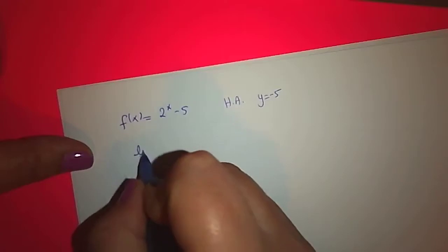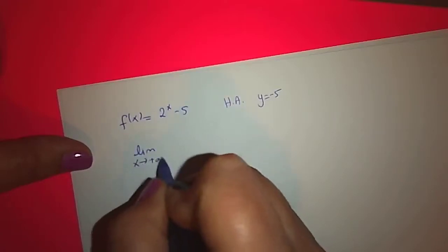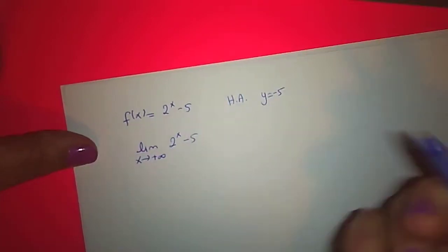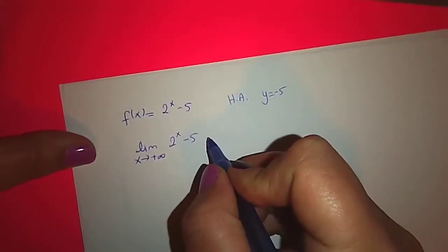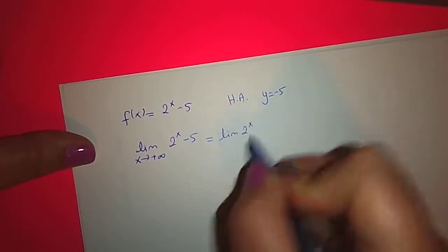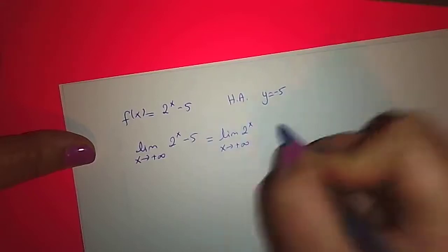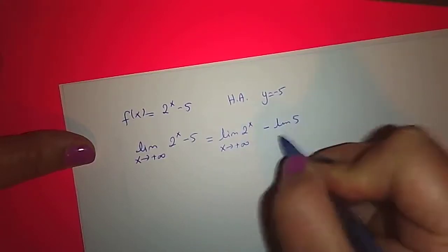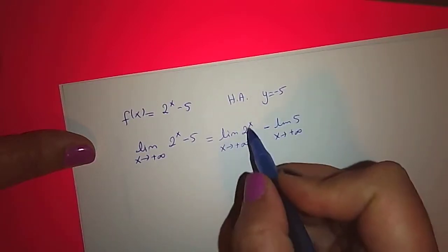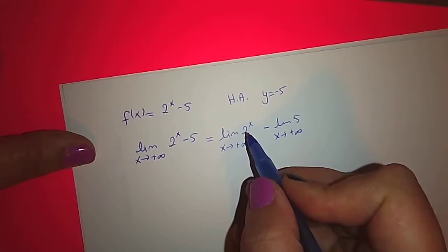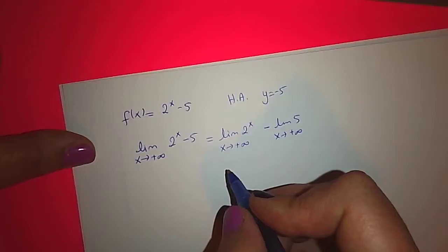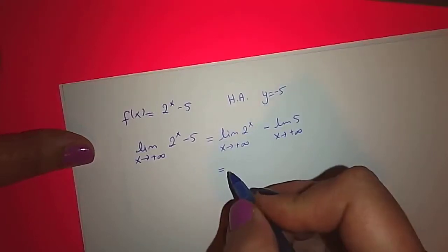If we look at the limit as x approaches positive infinity of 2 to the power of x minus 5, using the properties of the limit, we can write this as the limit of 2 to the power of x as x approaches positive infinity minus the limit of 5 as x approaches positive infinity. If I take positive infinity and sub for x, you get 2 to the power of a very big number. So 2 to the power of a very big positive number will give you a very big number.